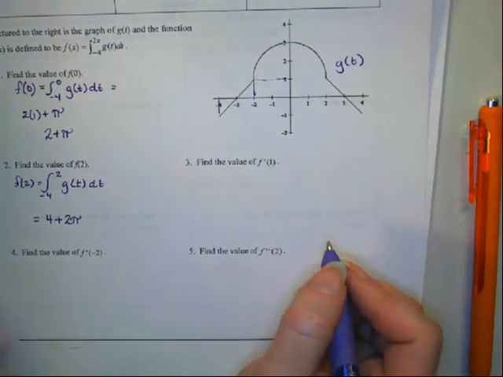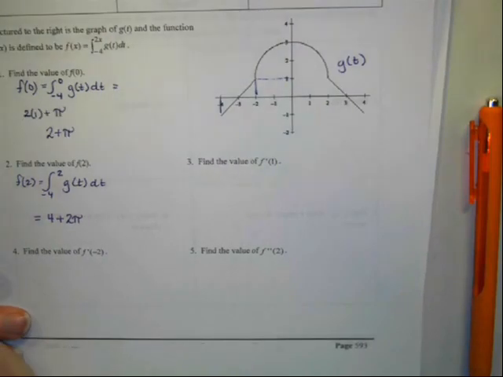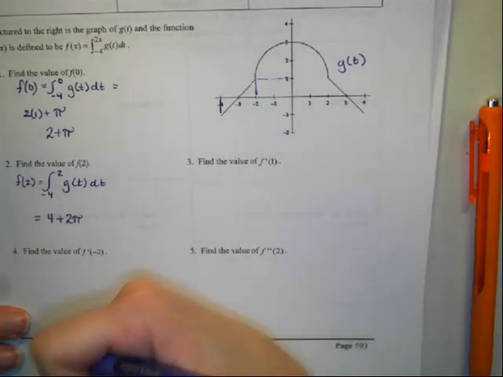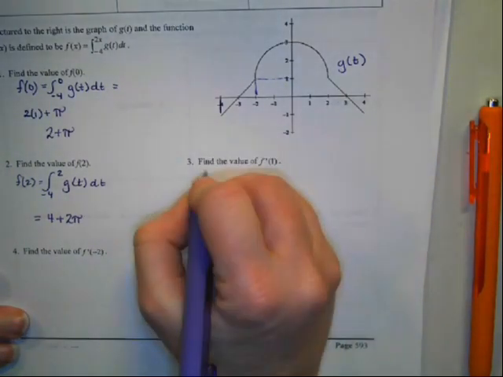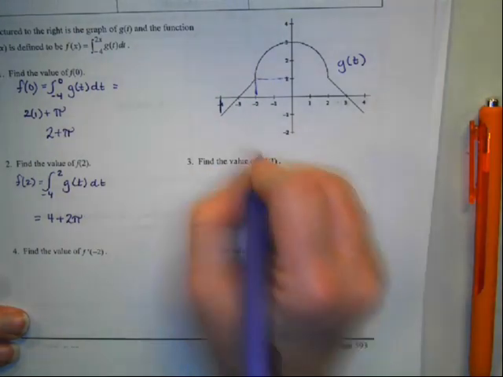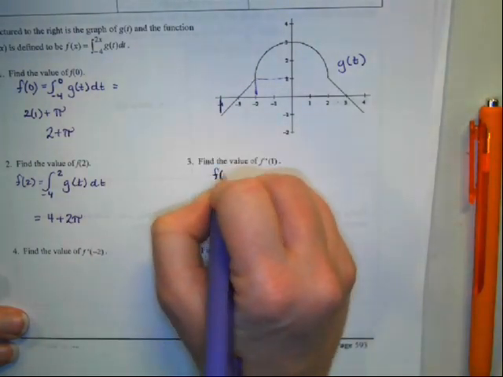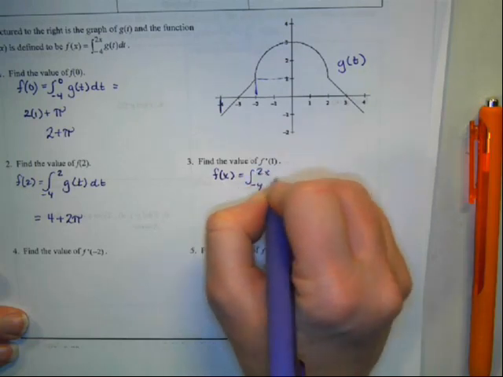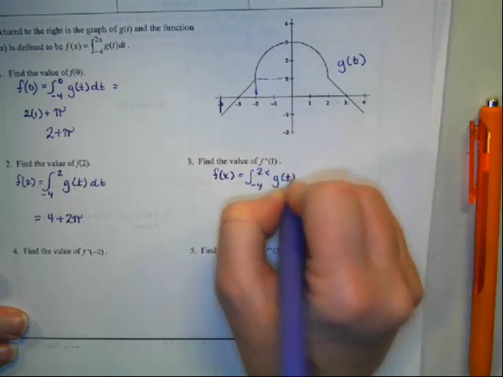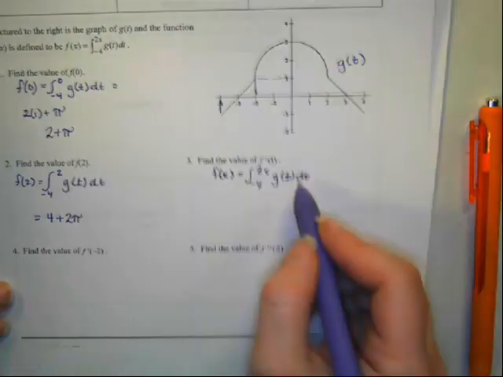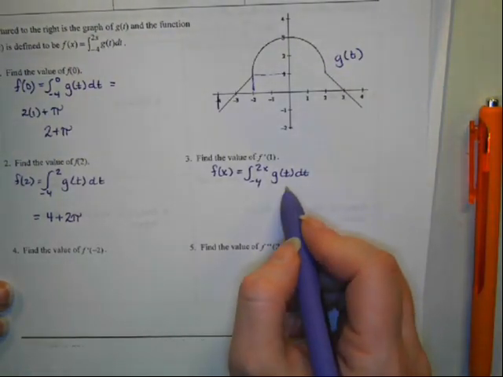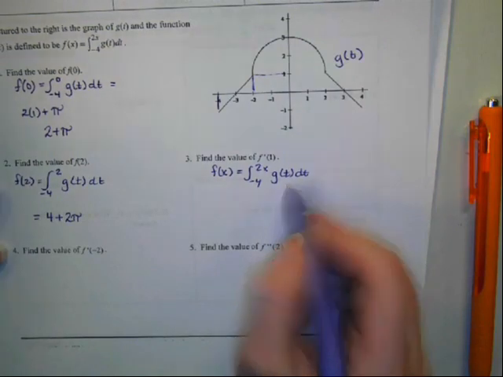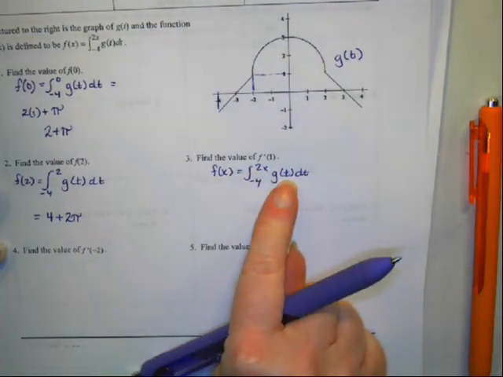All right, now they want the derivative. So now we're going to use the second fundamental theorem of calculus. So f of x equals this, -4 to 2x. All right, so the first thing you do when you're finding the derivative is I take my function and I plug it into my g of t.